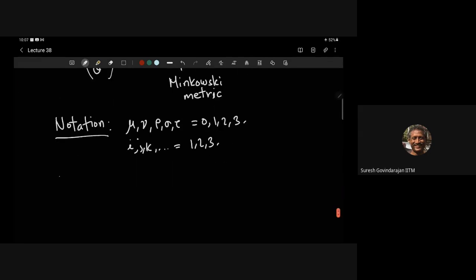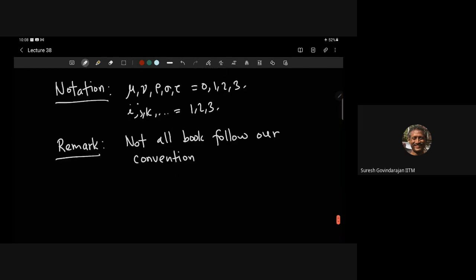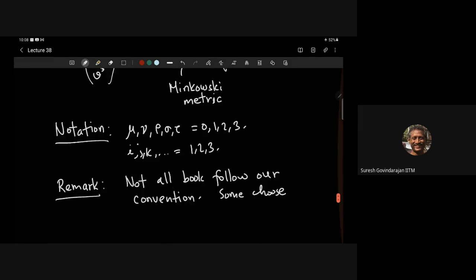And there's an important remark, which is that not all books follow our convention. Some choose to put the minus sign only with V, so the norm will be minus of what we wrote.